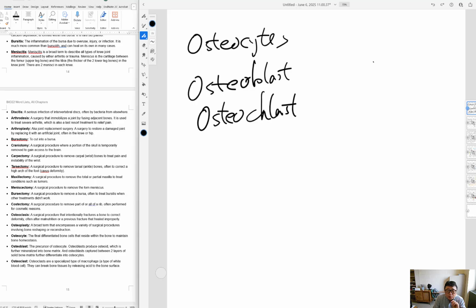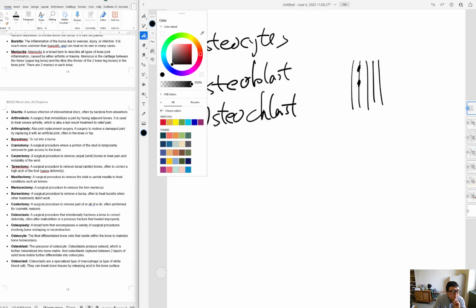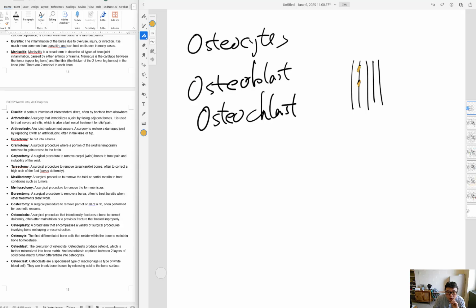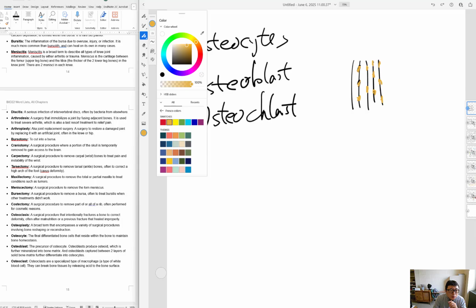Human bones are built in layers upon layers. The osteocytes are the cells between layers of the bone matrix.